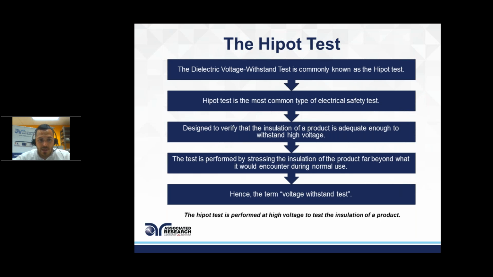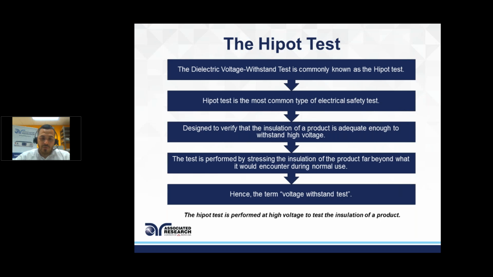What it is designed to verify is that the installation of a product, whether that be a material, a plastic, or just air, if that space or material is adequate enough to withstand high voltage, right? The test is performed by stressing the insulation of the product far beyond what it would encounter during normal use, hence the term voltage withstand test, right?